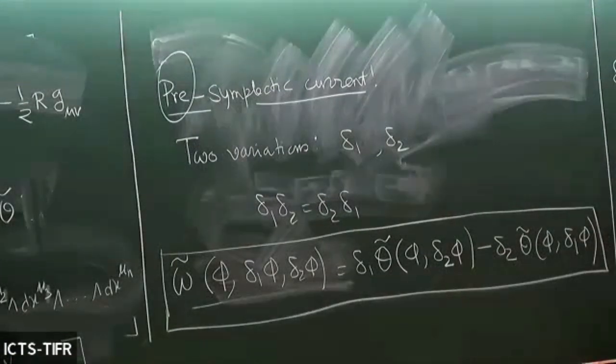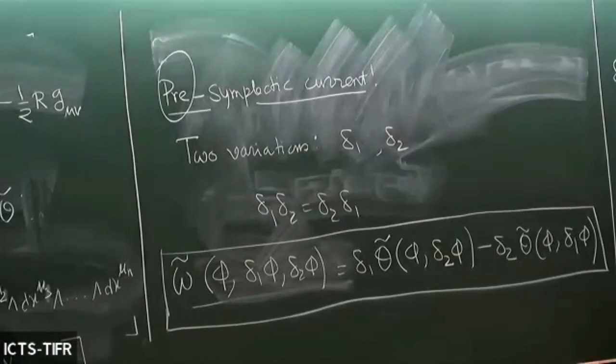There we had a theta, which is p_i dq^i, and we have omega, which is d theta, and d squared omega is equal to 0.